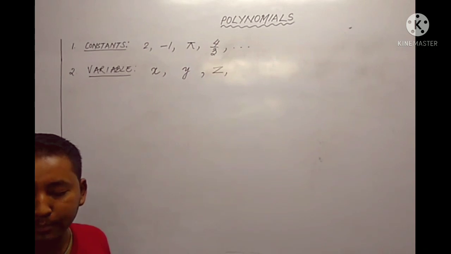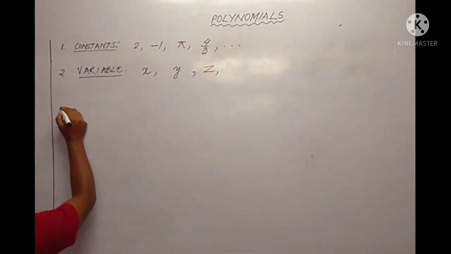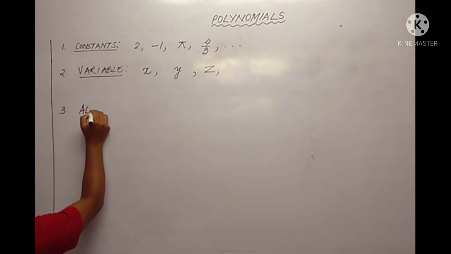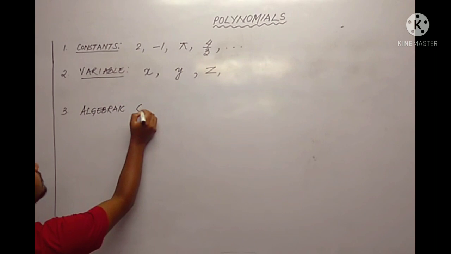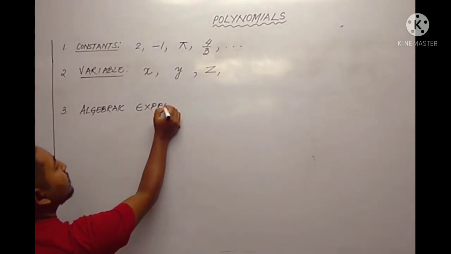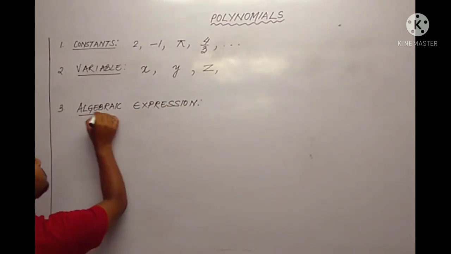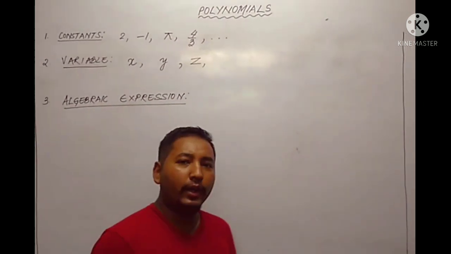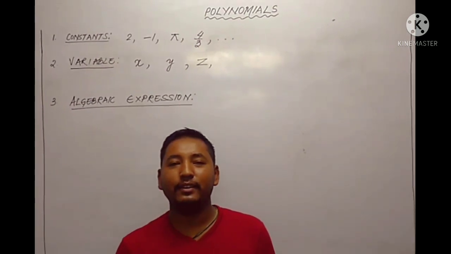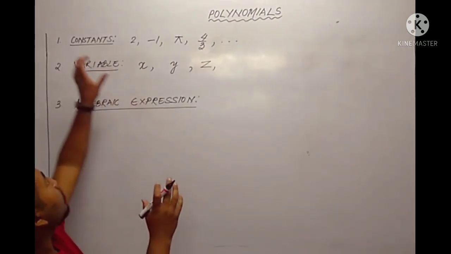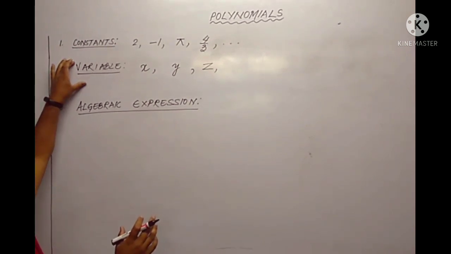Now next comes algebraic expression. What is an algebraic expression? An algebraic expression is the combination of constants, variables along with the operators.